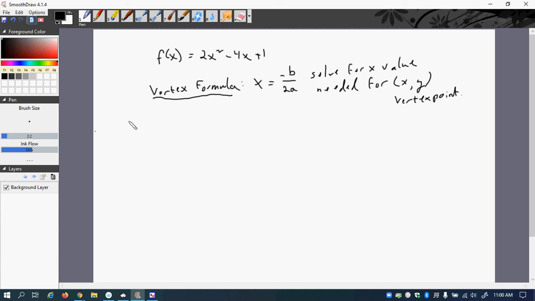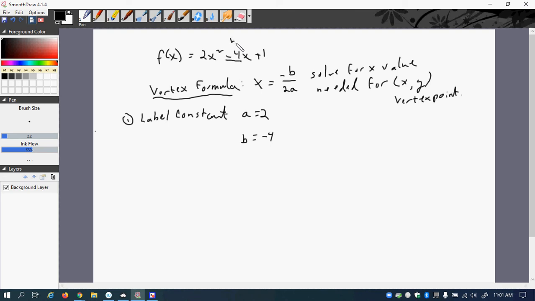Okay, so that's what I do. First of all, the first step is to label the constants. So we have a, which is going to be 2, and b, which is negative 4. So that's this part right here.